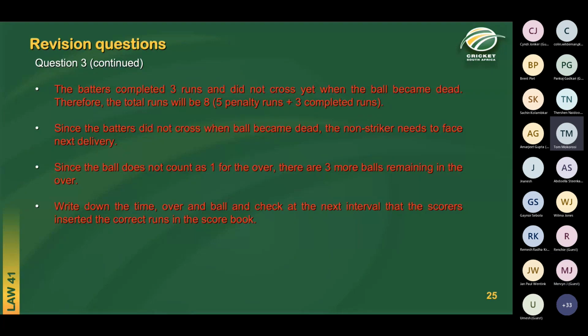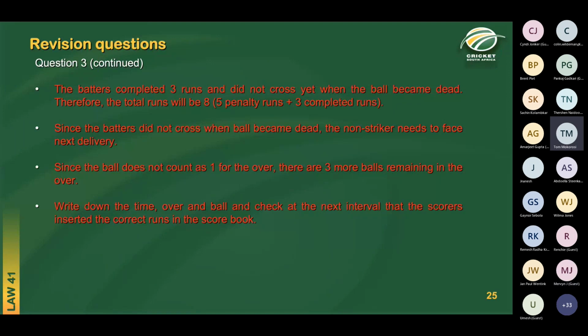And then this is more an umpiring technique rather than for the memorandum. Write down the time, over and ball, and check at the next interval that the scorers inserted the correct runs in the scorebook.